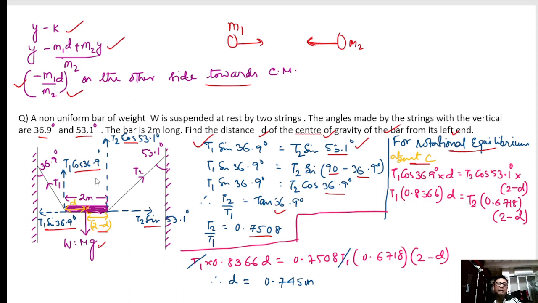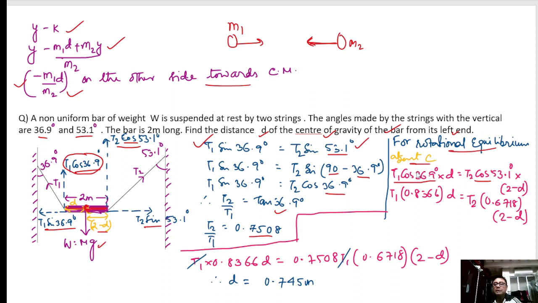That means the rotational motion caused by this force and this force will be equal. That means this force into the perpendicular distance d and this force into the perpendicular distance 2 minus d about C, the center of mass, should be the same because the body is not turning.